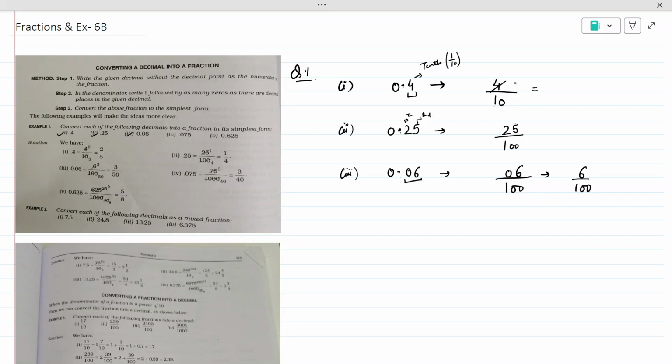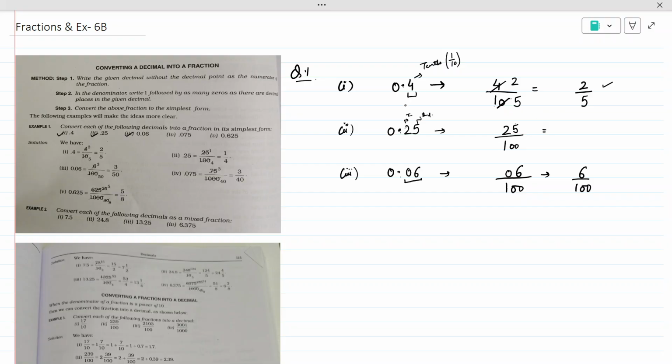So we will divide both the numerator and denominator by 2. 2 into 2 is 4, 2 into 5 is 10. So we can write this fraction as 2 by 5. So the simplest form of the decimal number 0.4 is 2 by 5. Okay, so I hope that you have understood this.